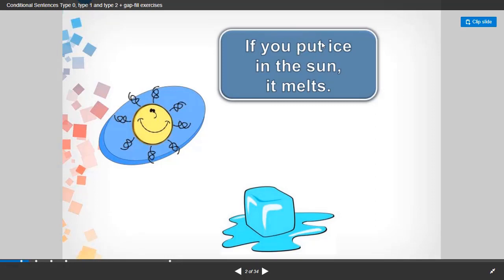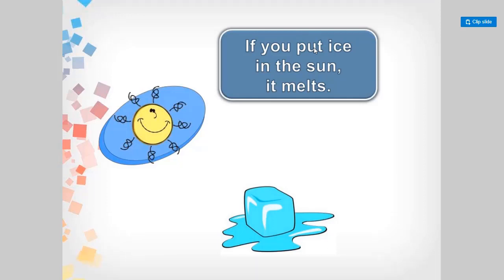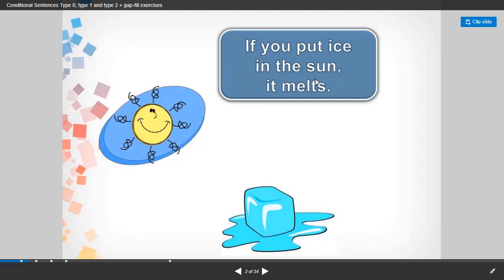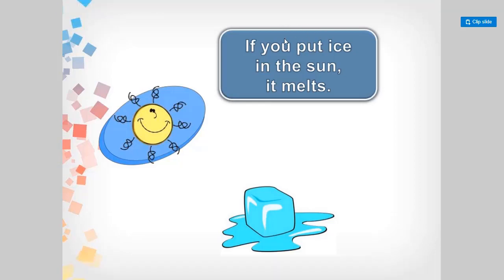Put, here it's the simple present, and melts also is in the simple present. So the verb in the main clause which comes after the comma is in the same tense as the verb of the if clause which comes in front position.